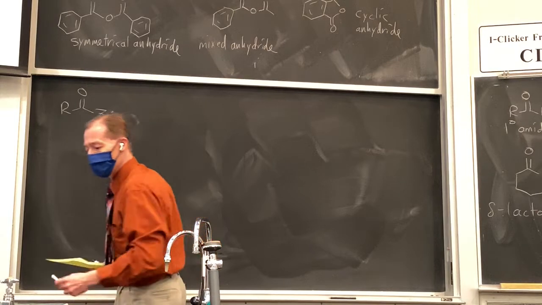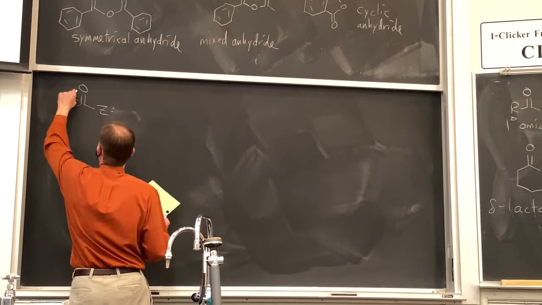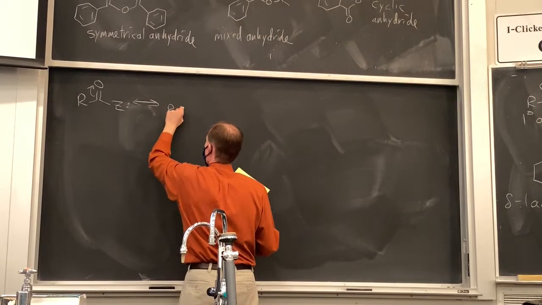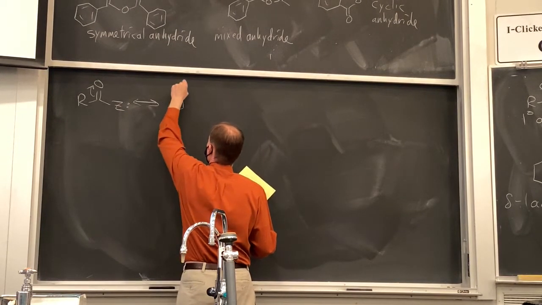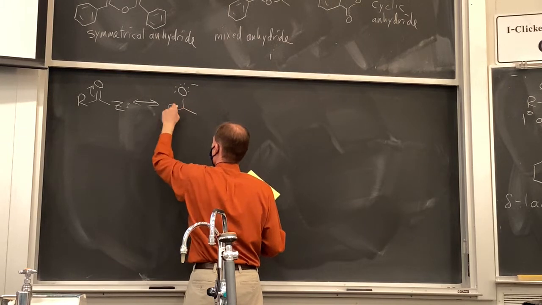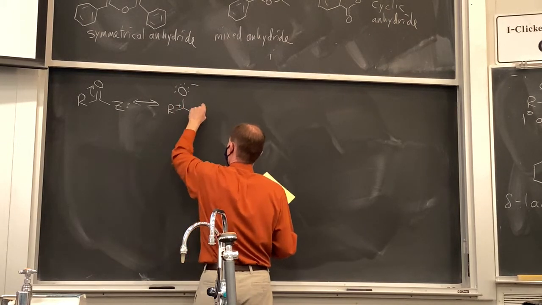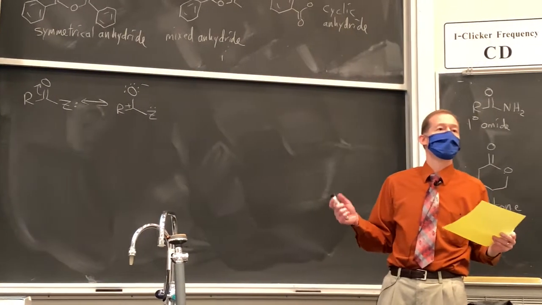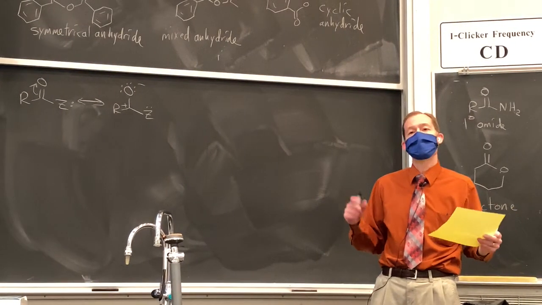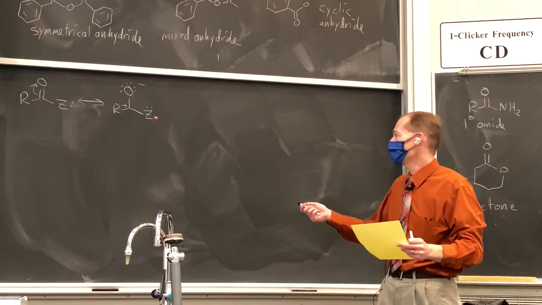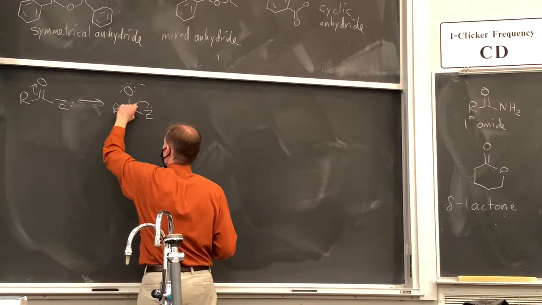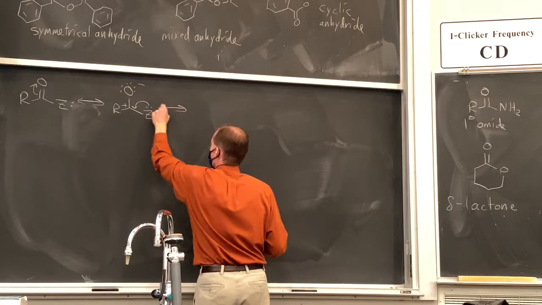And we have minor contributors. Anytime we have a carbonyl compound, we know we have a minor contributor we can draw with a negative charge on the oxygen and a positive charge on the carbon. When we have a carboxylic acid or its derivatives, we have a second minor contributor we can draw because we have 1 or more lone pairs on Z that can be donated.